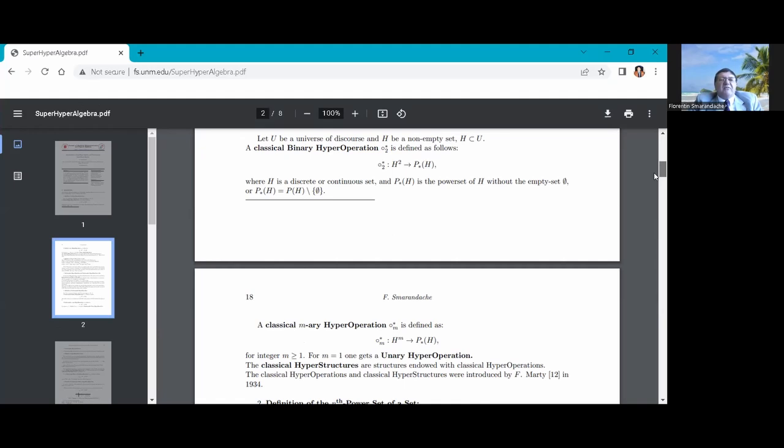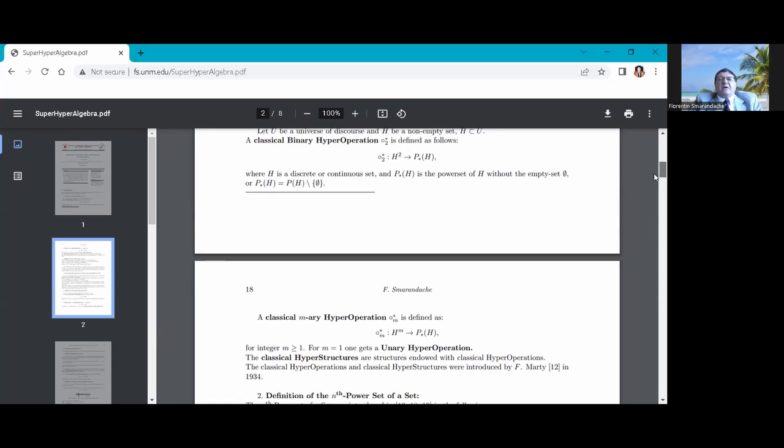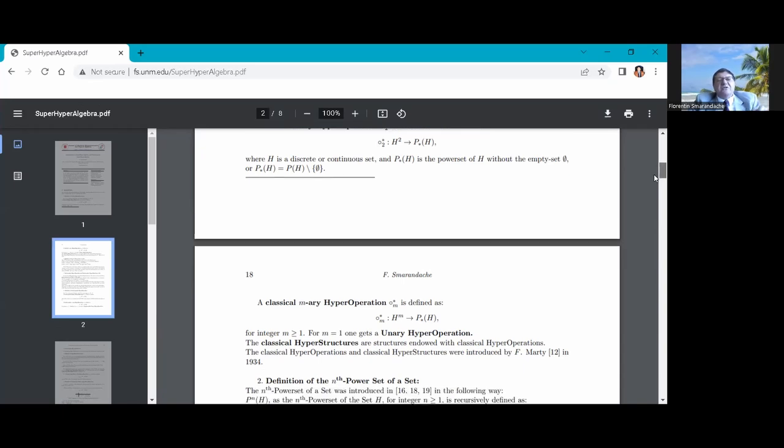For example, if we have a set, let's say a given society, then this society is structured into groups or associations. Some elements may not be associated, doesn't matter.